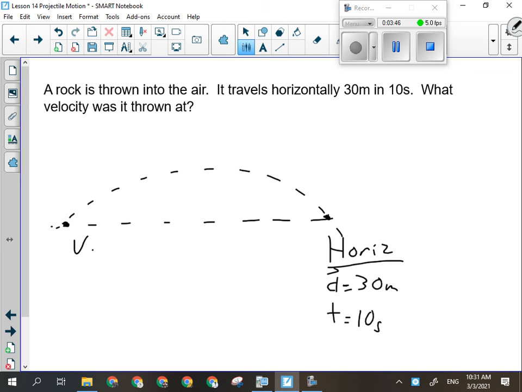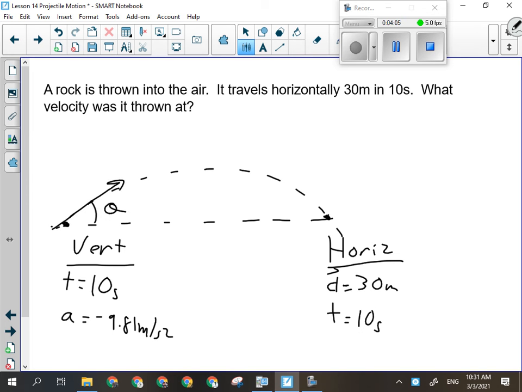From our vertical perspective, we know that the time is 10 seconds, and we know the acceleration is negative 9.81 meters per second squared. That's all we know. They want to know the projected velocity, so they want to know that number and the angle. And I'm supposed to get that from 30 meters and 10 seconds.